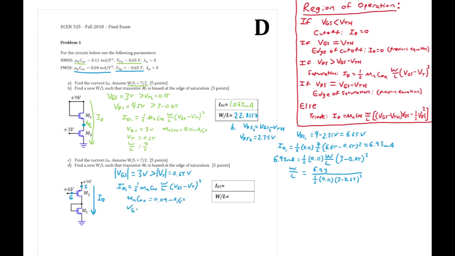Our VGS for the PMOS transistor we know to be 3 volts. Our VT is 0.65, and our W over L is 7 divided by 2.